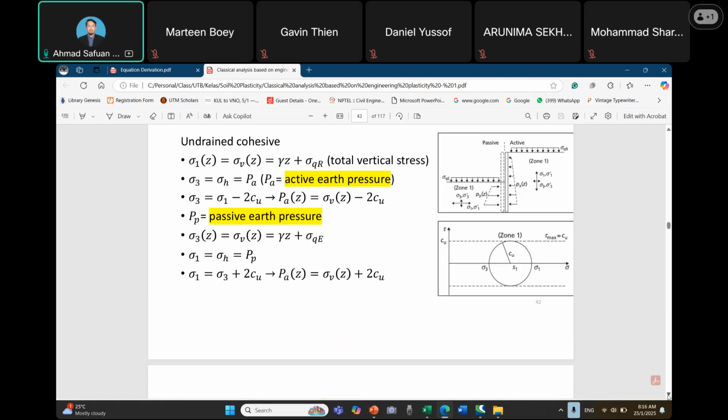This is where the retaining wall is not 90 degrees, so let's say it has some angle, and there will be a discussion on the backfill where there is a slope.